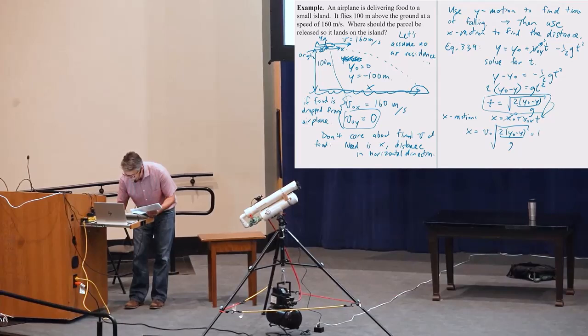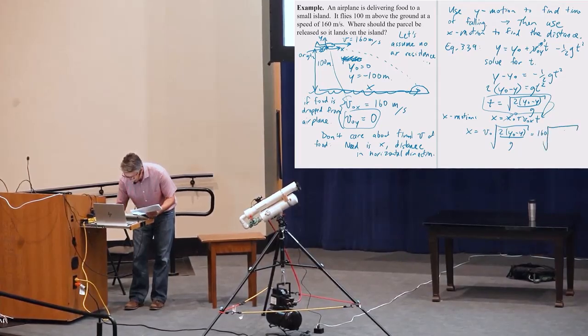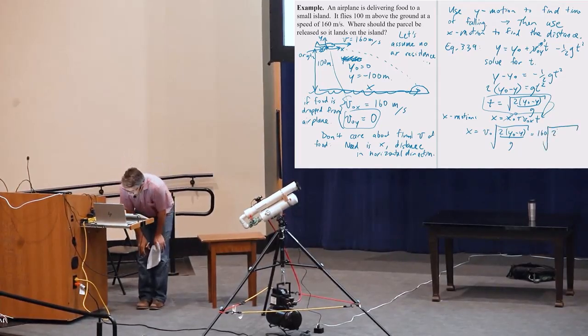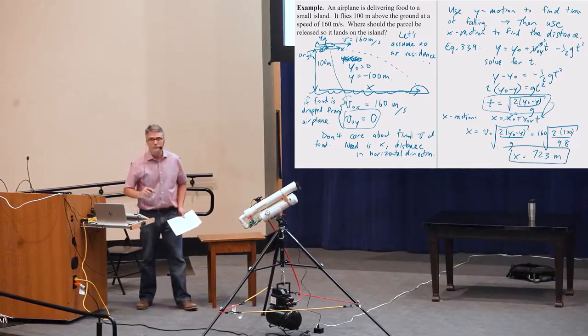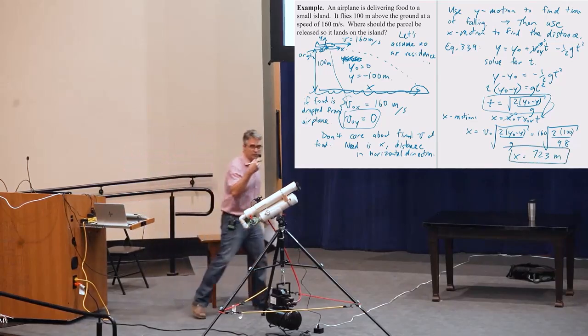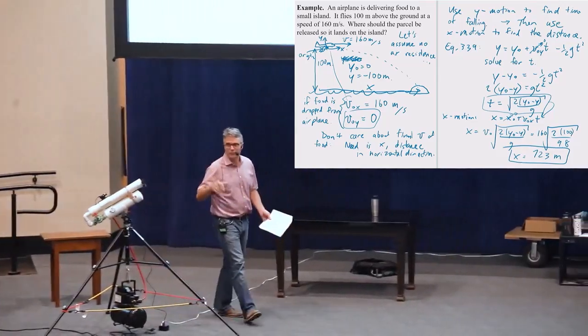So it's 160 times the square root of 2 times 100, I think that just ends up being positive 100, divided by 9.8. And x equals 723 meters. It should be 723 meters in front of the island before you drop them.